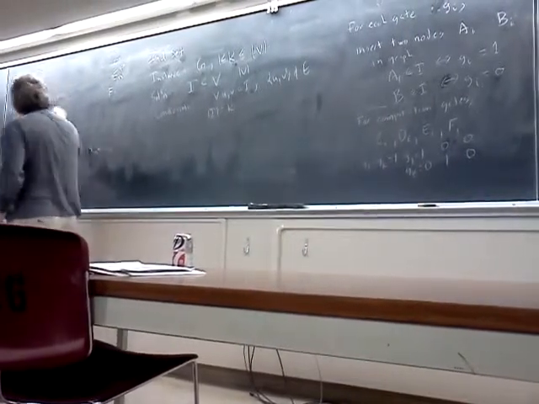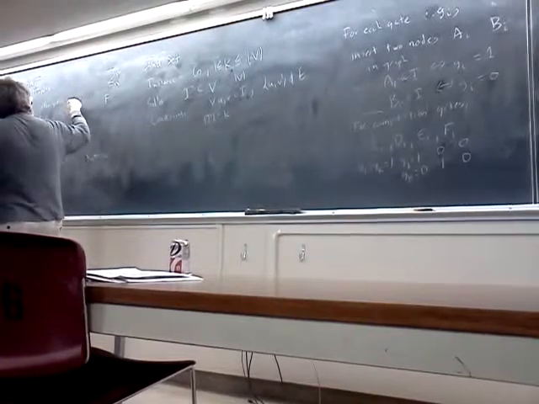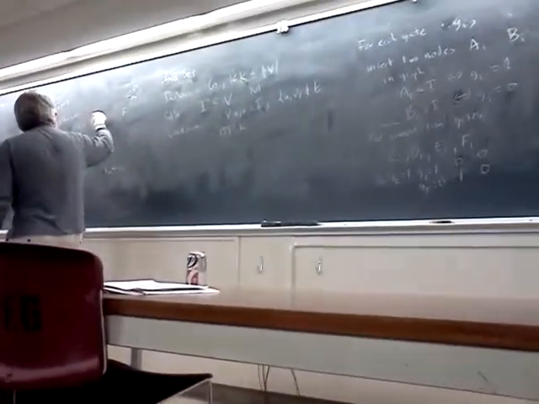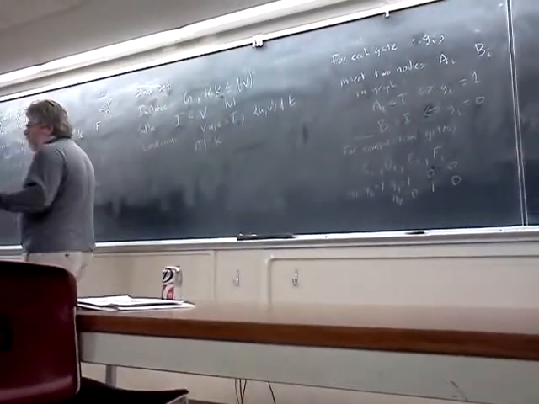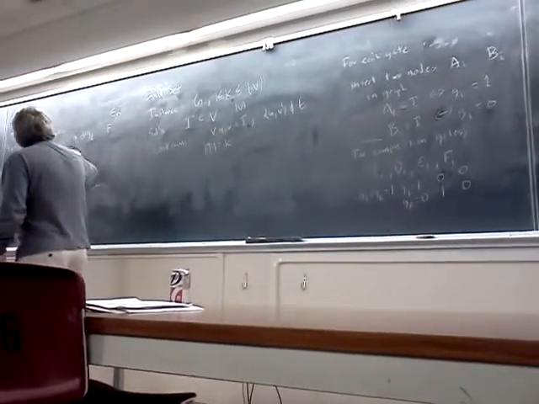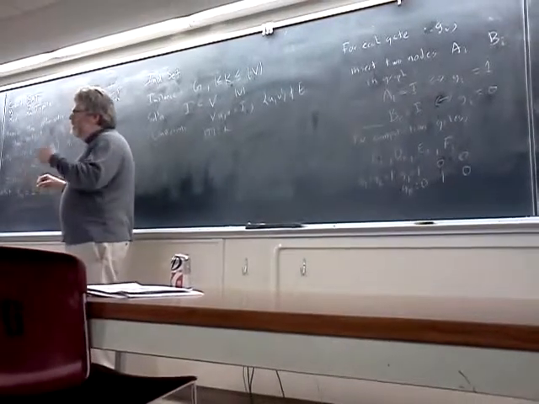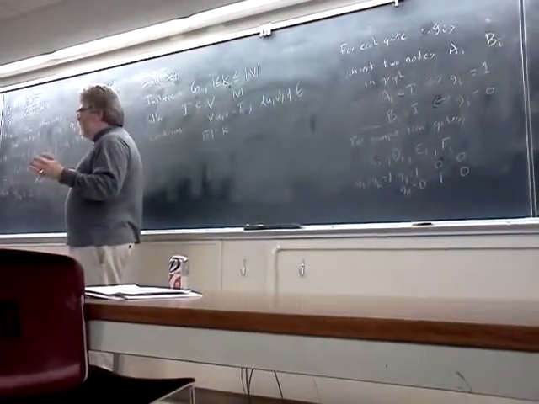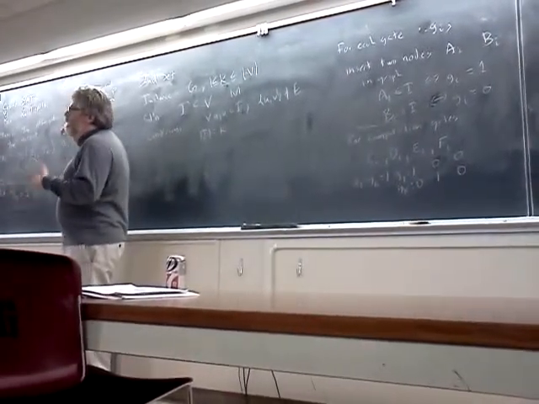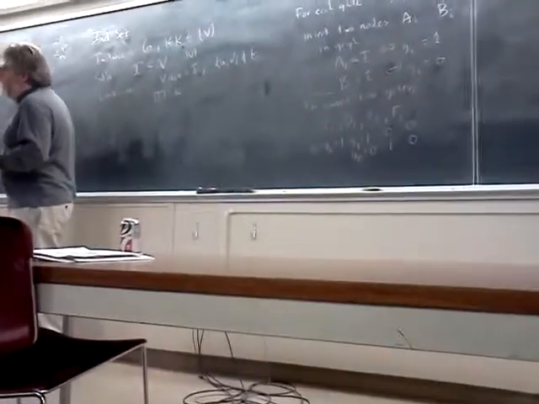So this might be Gi is the XOR of Gj and Gk, or it might be Gi is just the negation of Gj, and I just have the Gk in to make things uniform. So it can be any kind of Boolean function on these two inputs.